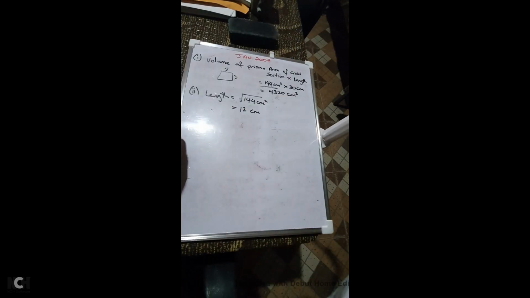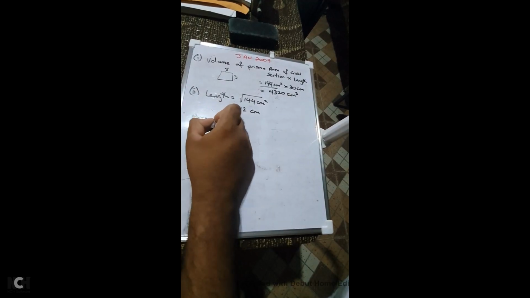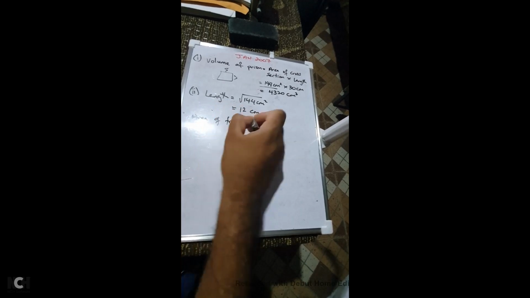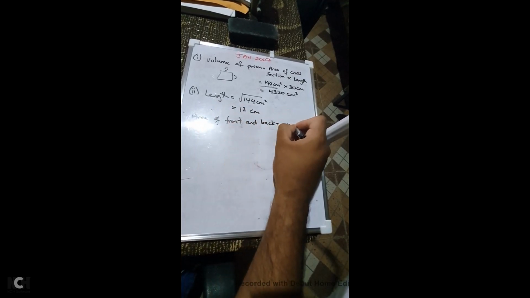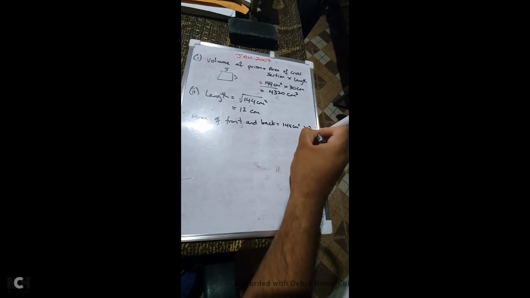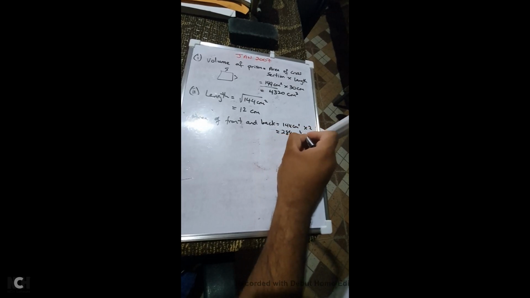So remember we are being asked to find the total surface area, right? If the area of this is 144, we need to find the area of the square at the back here as well. So all we have to do is say the area of front and back is equal to 144 centimeters squared multiplied by 2, which will give us 288 centimeters squared.